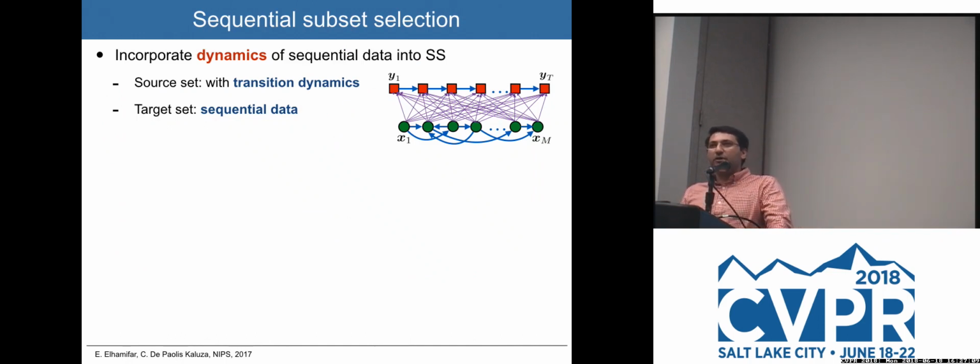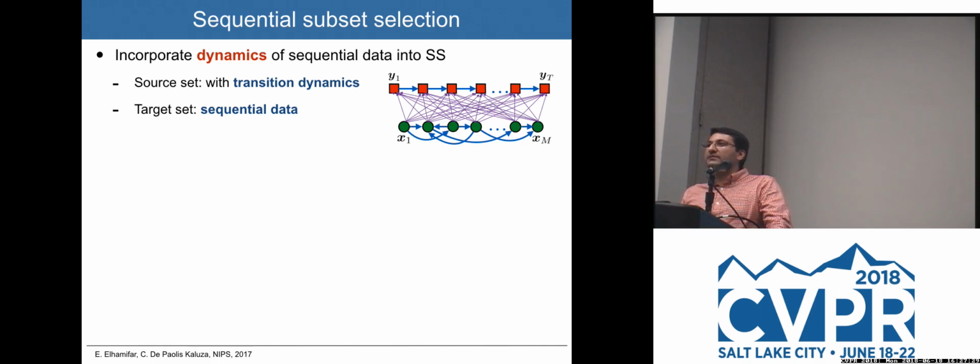So for the next part, I'm going to talk about how we can incorporate the sequential structure of the data into the facility location class of objective functions and develop this class of sequential summarization algorithms. And why is this important?